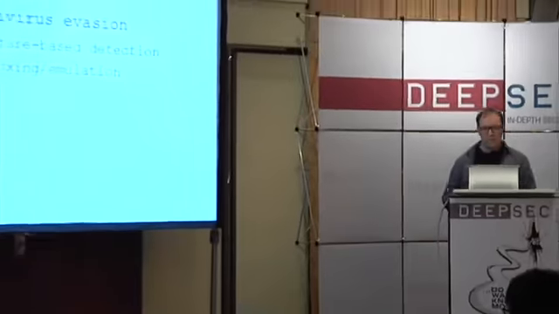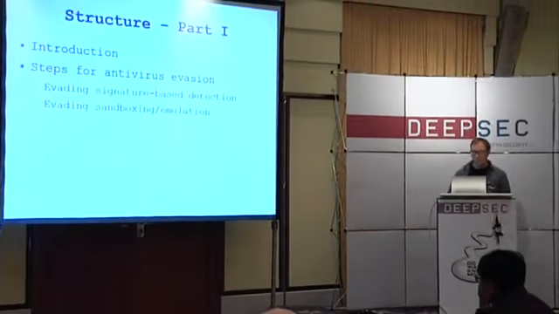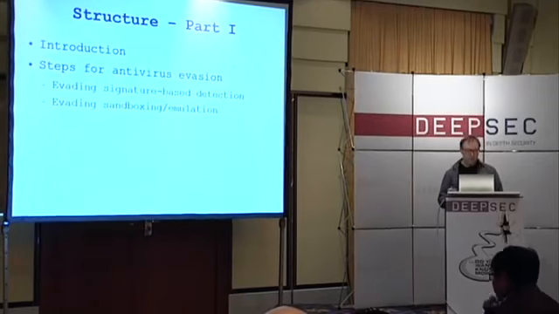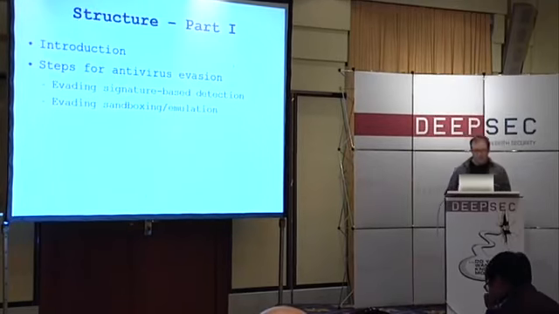So I have 2 parts. In the first part, I will explain some basics of antivirus evasion, which has mostly 3 steps, as I said. We will see more about this soon.